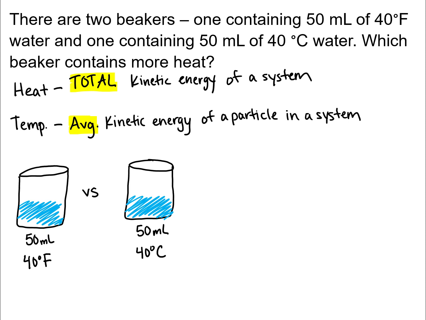Can we just answer this straight up without doing any math? Just take a guess. Can we answer it or do we have to do some math? We can't answer it. We got to do some math.